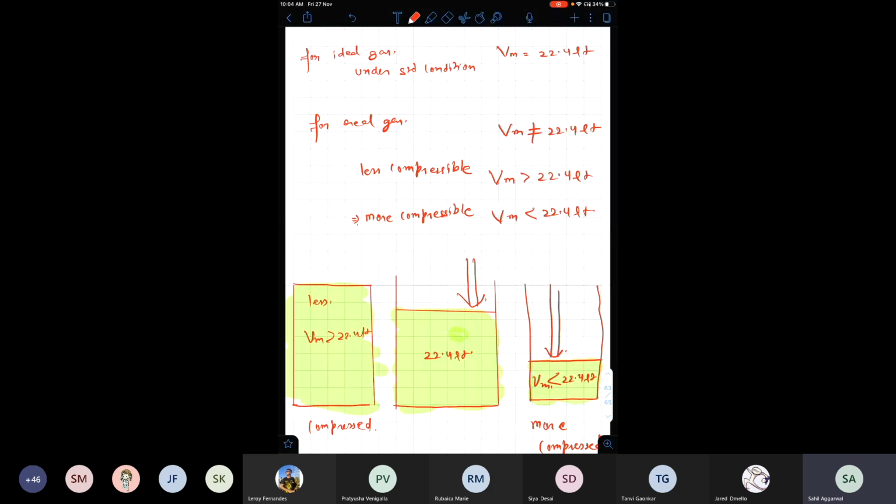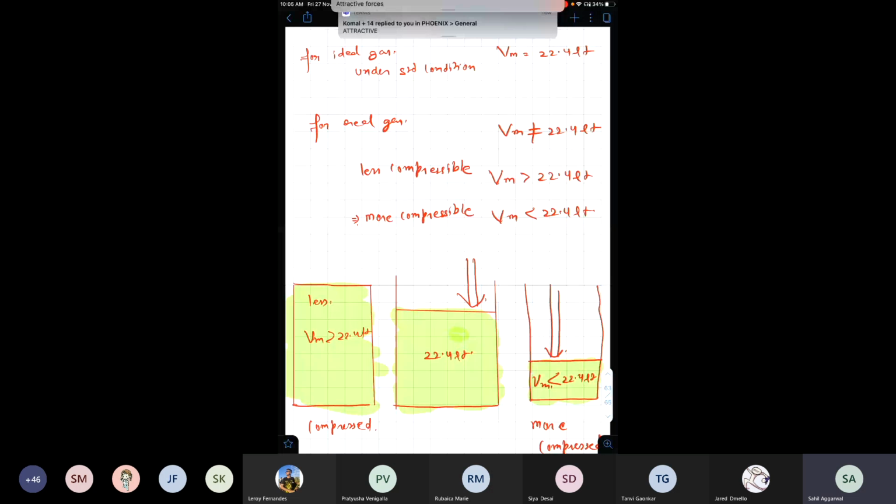Okay, tell me, if it is more compressible, attractive forces are dominant or repulsive forces are dominant? कौन सी फोर्सेस डोमिनेंट होंगी? बताओ दीपिका, if more compressible, attractive forces are dominant या repulsive forces are dominant?